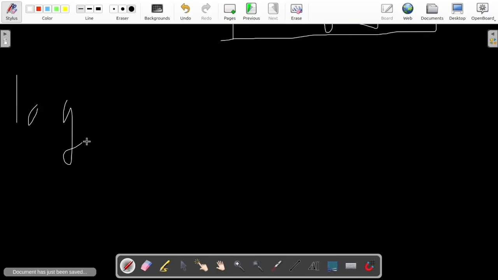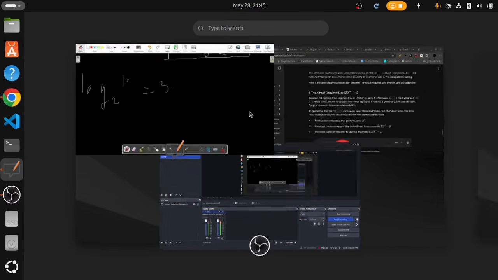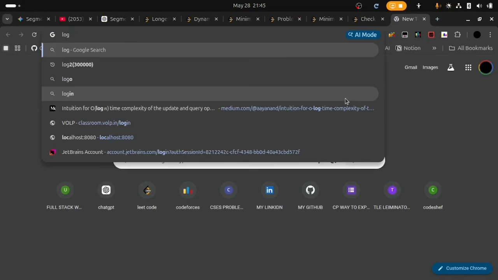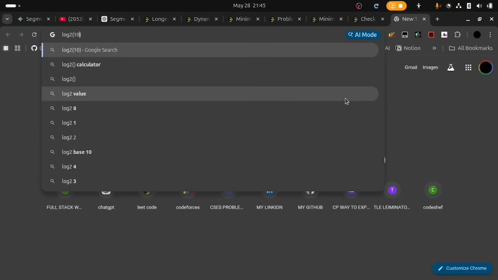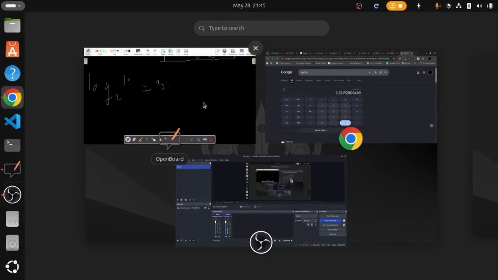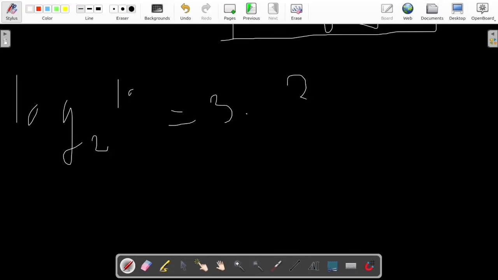I have seen that log 2 of 10 is something like 3.3 something. So it means we need 3.3 operations. So we usually take the ceiling value of this.